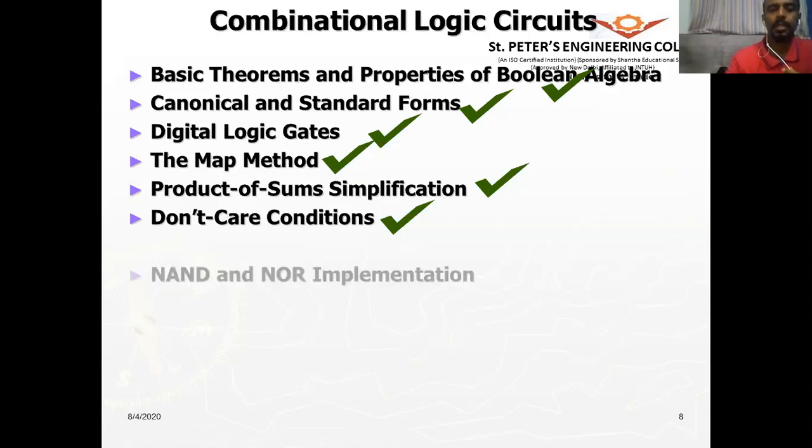In the next session we will look into how to implement NAND and NOR, how to use them as universal gates, and how we can realize many other functions or Boolean operations using NAND and NOR. With this, we wind up this session. Thank you.